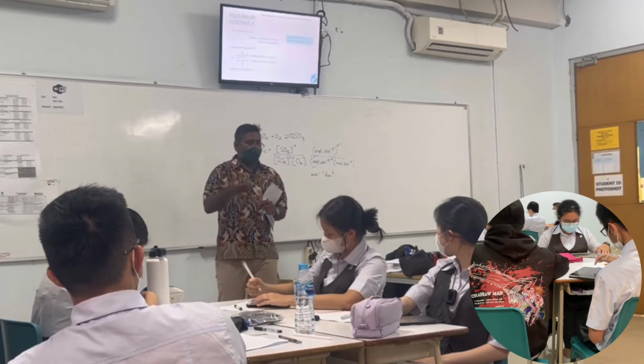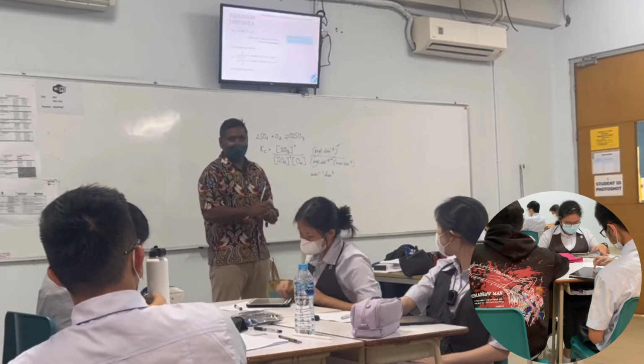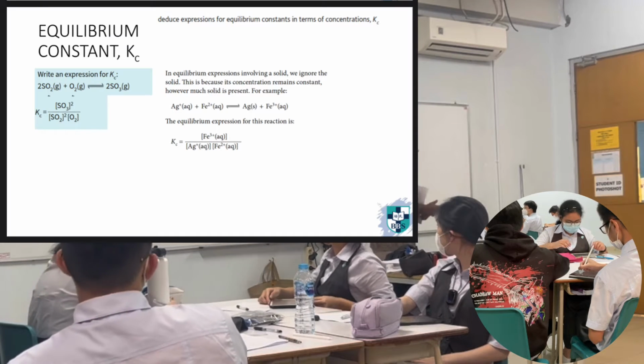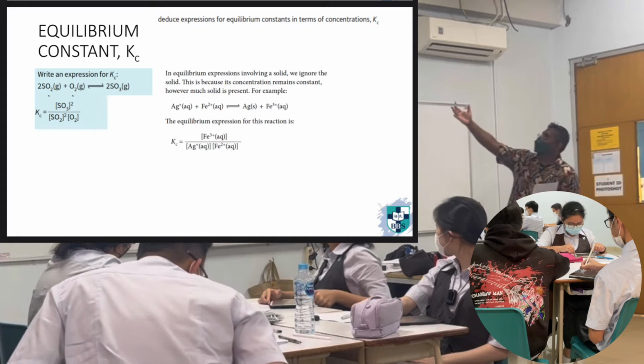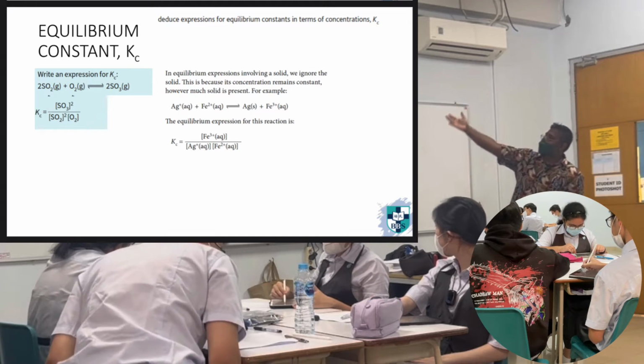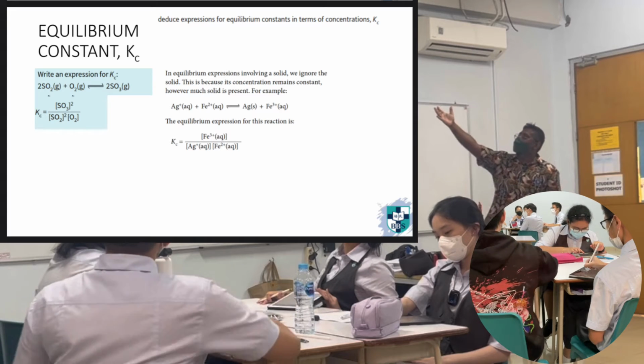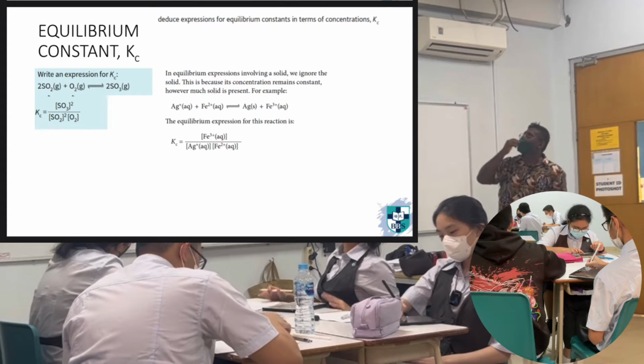Every expression will have different units. Now if you look further, I have shown you the expression with the unit. It may be small, but you can see over there.